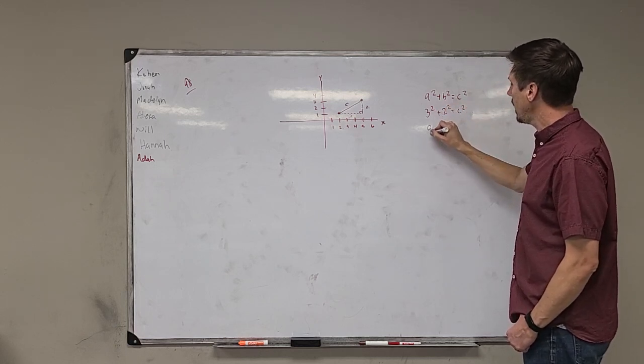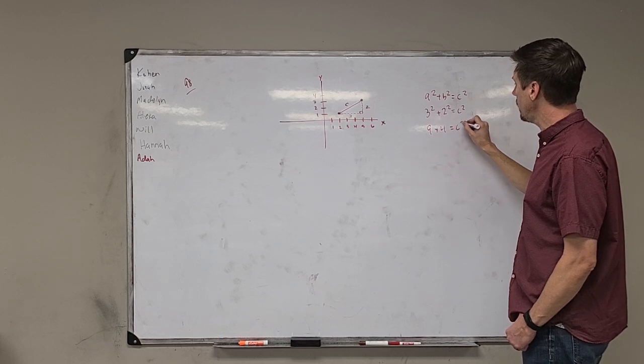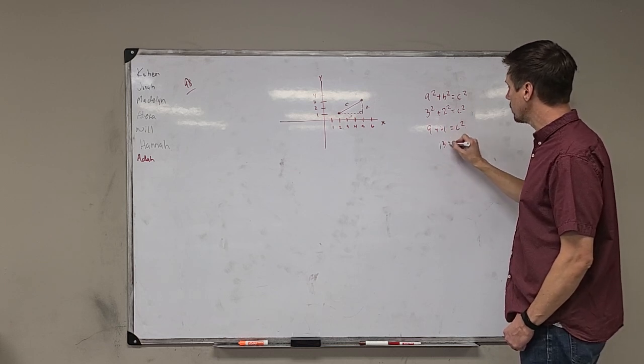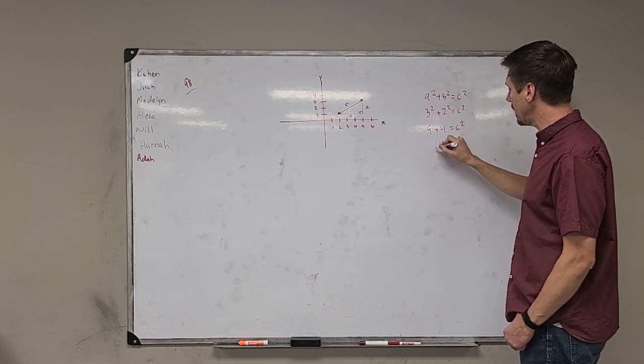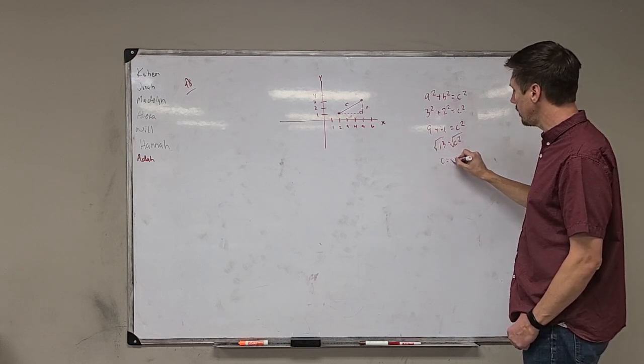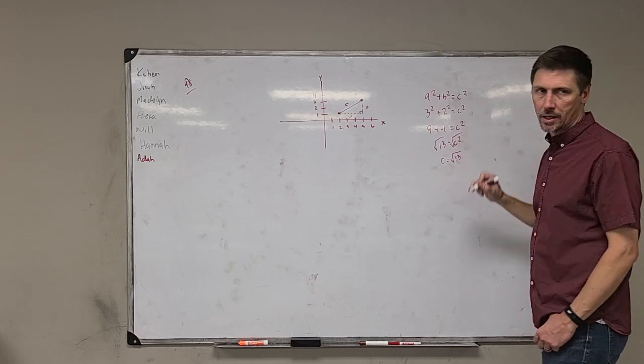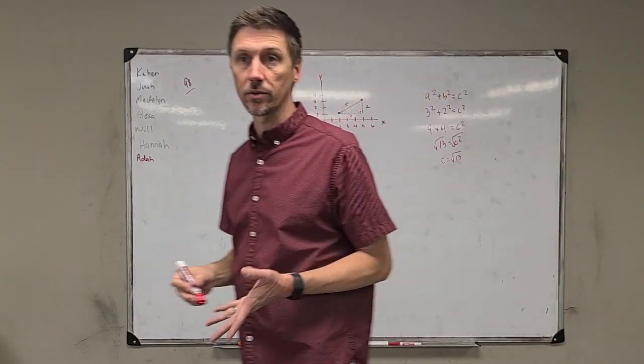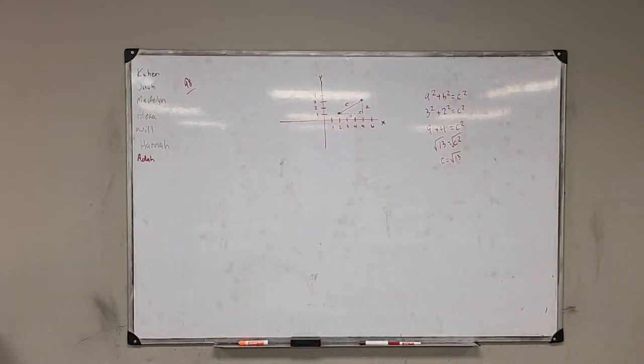So 9 plus 4 equals c squared. That's 13 equals c squared. And so my distance, that's c, is square root of 13. I could punch that in my calculator to get a decimal value, but that would be sufficient for this. We could say the length of that line segment is square root of 13.